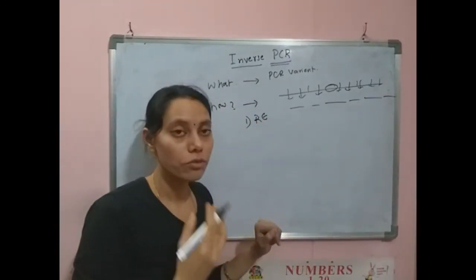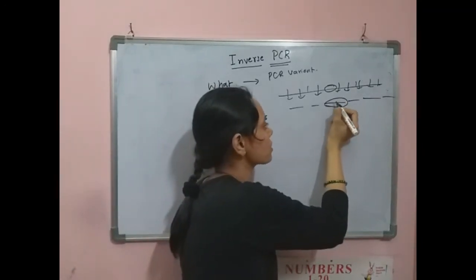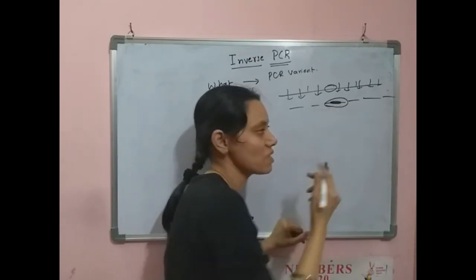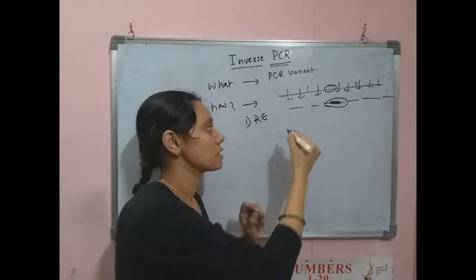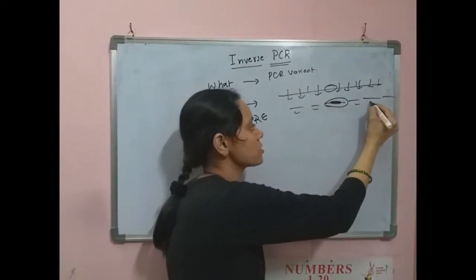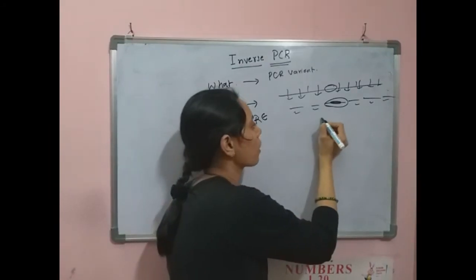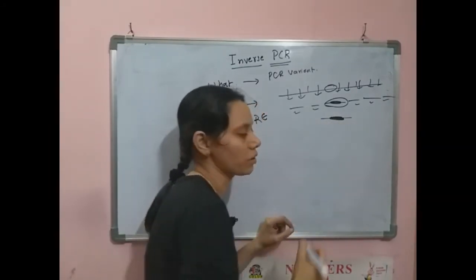One of such restriction digestion products might have this known DNA sequence in it. So apart from these many other fragments, the desired product will have the known sequence at its middle.